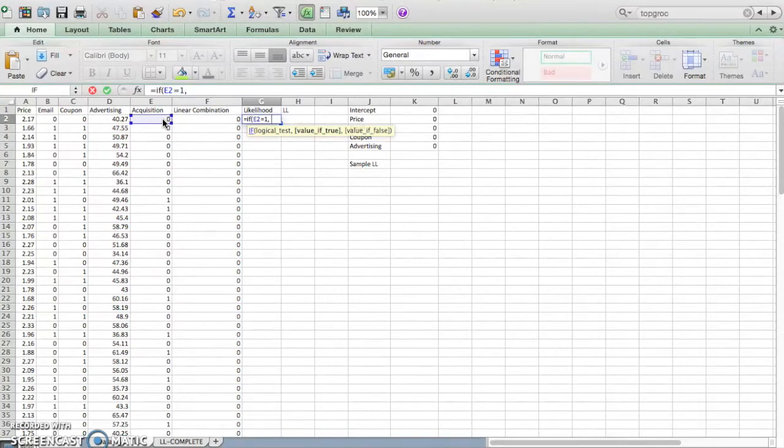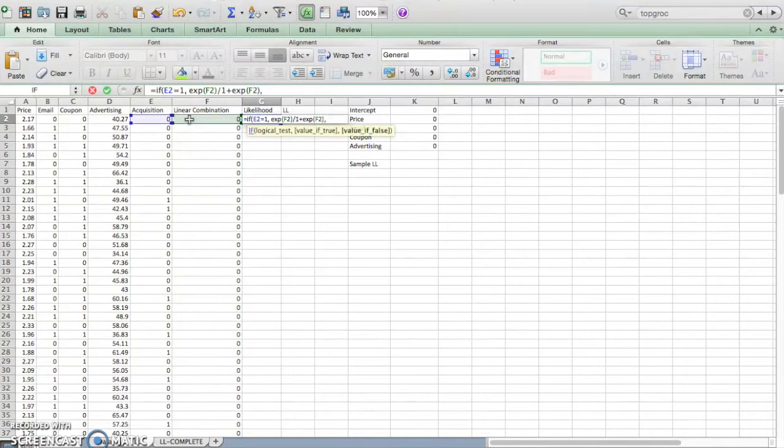So that would be the exponential function of e raised to the power of the linear combination divided by 1 plus the exponential function of e raised to the power of the linear combination.